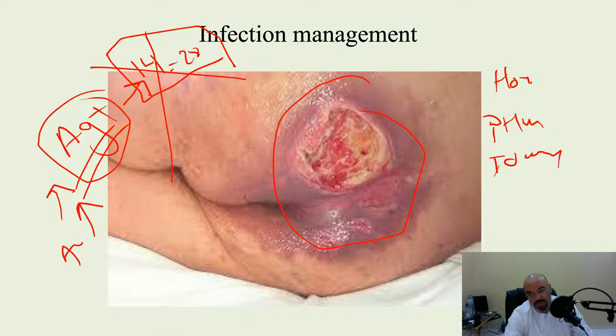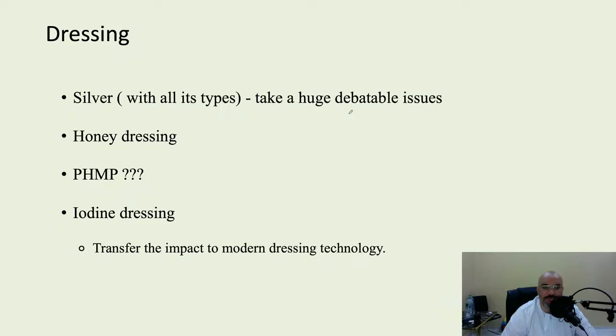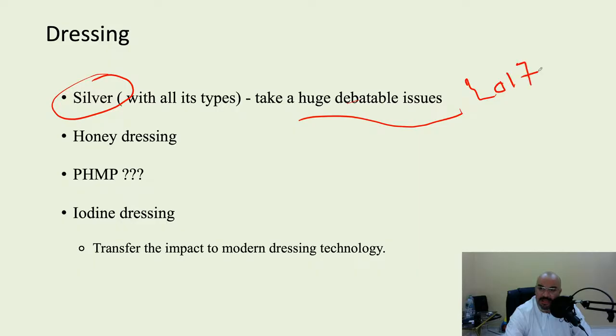So we will determine what the guidelines say about it, and we need again ways of explanation and talking about it. For silver, we'll have a special lecture because there are now hugely debatable issues. What happened in 2017, the insurance in Germany, followed by Belgium and the Netherlands and some insurance companies in France, they said that we will not reimburse silver when it's used on wounds.